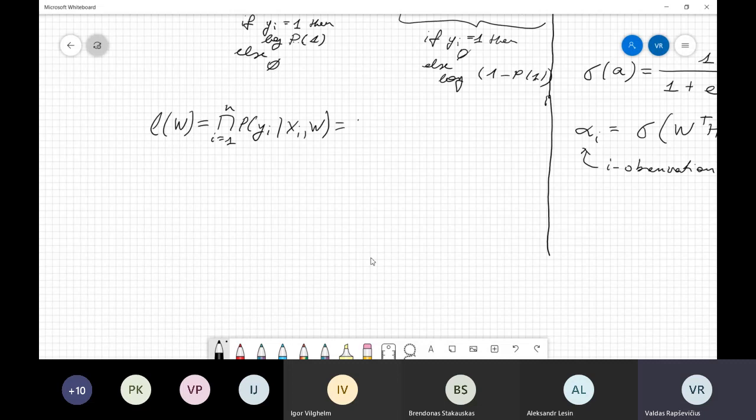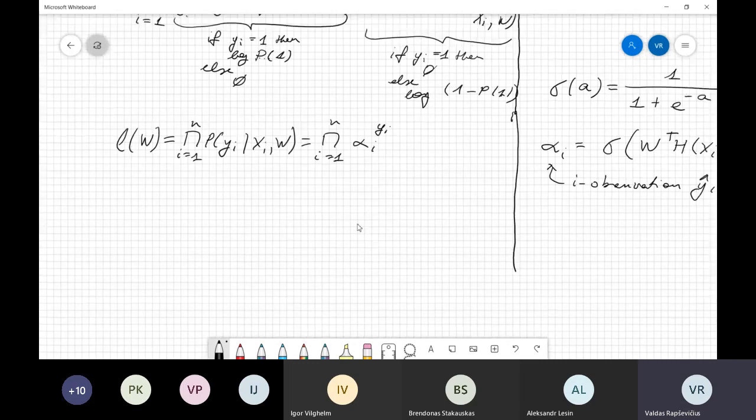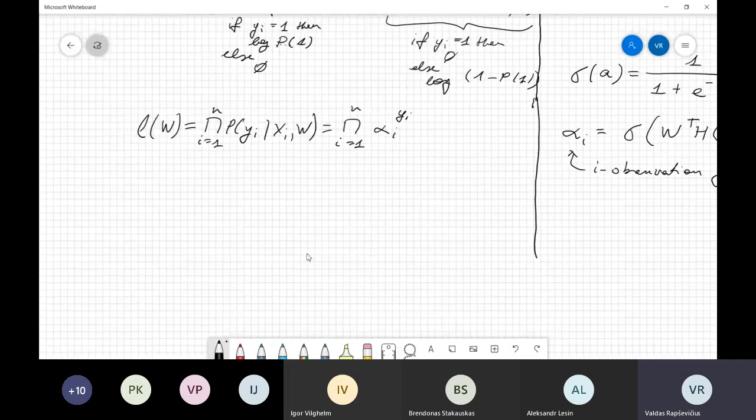And now in the new notation, this is the product again, i equals 1 until n, of alpha i to the power yi, multiplied by 1 minus alpha i to the power 1 minus yi.